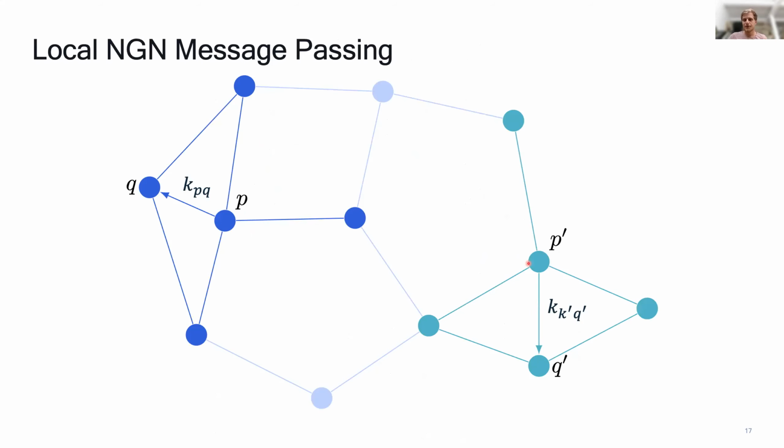So what would this look like? Imagine we have this graph and we want to do message passing on this graph. We have nodes and features at all points. And for example, we want to map from this point P to this point Q. Now, you see that this dark blue region of the graph is isomorphic to this dark blue region of the graph. What the constraint that we just showed implies is that this message passing kernel and this message passing kernel must share weights.